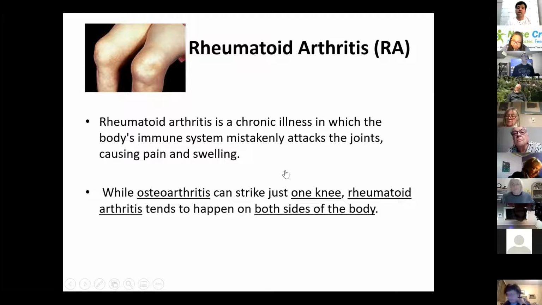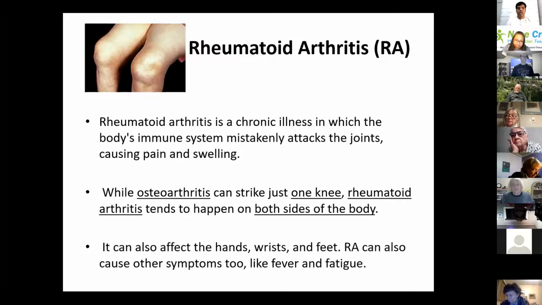And then we need to have rehab to help the joints move, get better, and improve the condition of the joint. Okay. So as I said before, osteoarthritis can strike one joint, like one knee, whereas rheumatoid arthritis can attack both sides of the joint at the same time. It can also affect small joints like hands and wrist, and other symptoms we can see are fever and lots of tiredness.